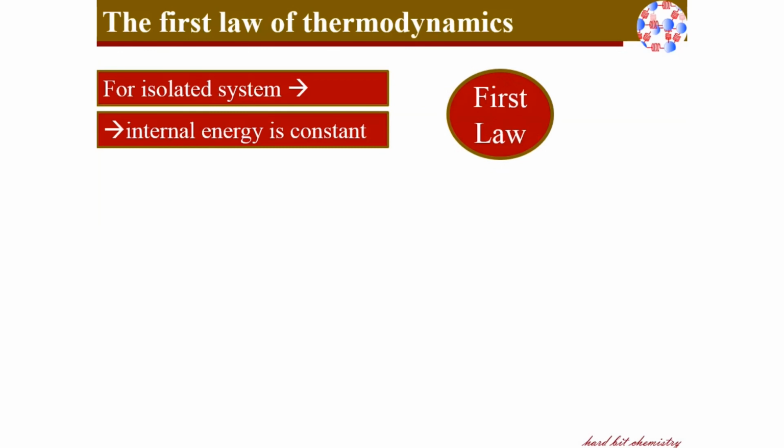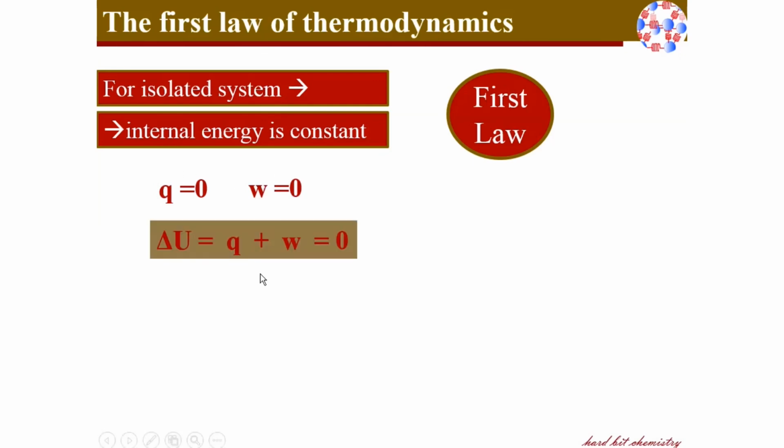For an isolated system, as it does not exchange energy with the surroundings, the two modes of energy exchange, heat and work, are both zero. That leads to the change in internal energy being zero. That is, internal energy remains constant in an isolated system. That is the statement of the first law of thermodynamics.